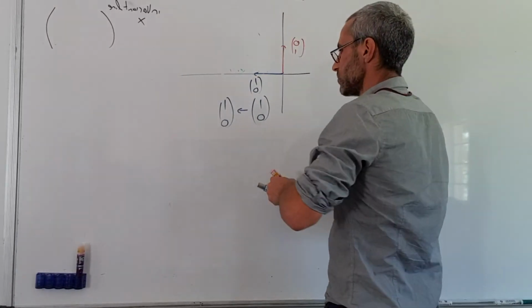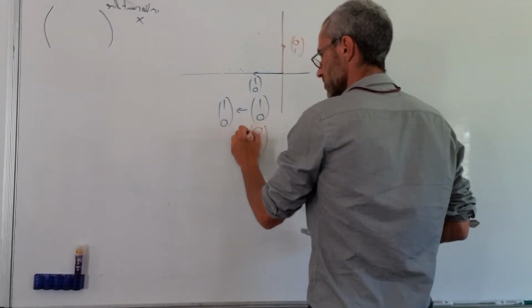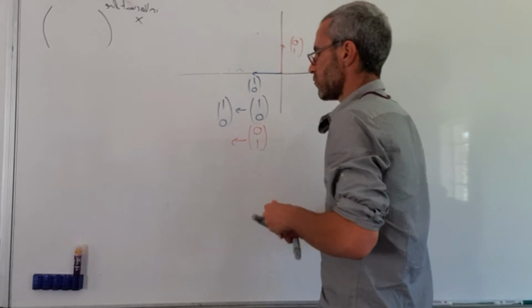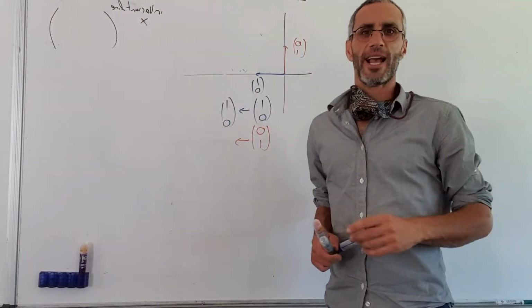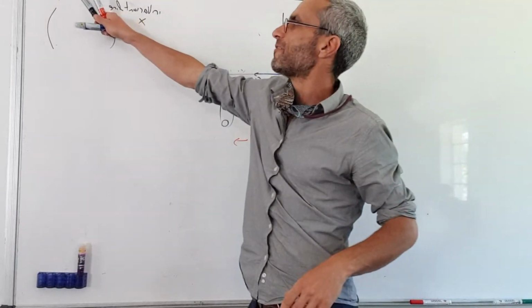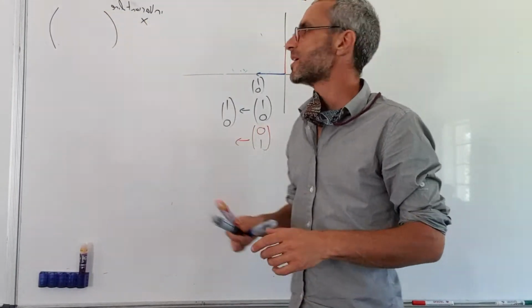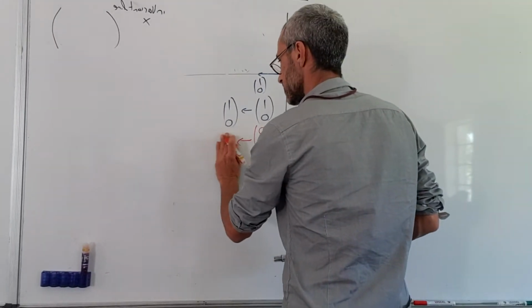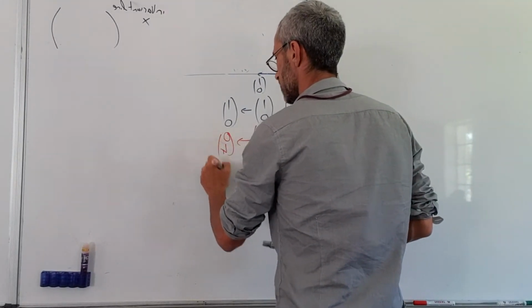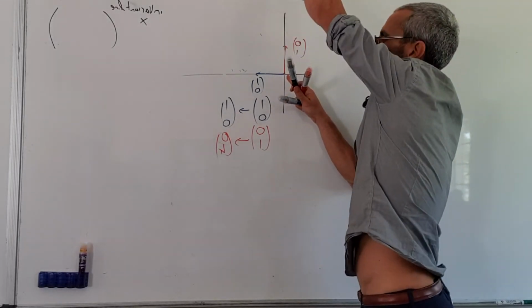But the 0, 1 will be transformed. What will it be transformed to? It depends how much you stretch it. Exactly. So if we're stretching it by a factor of k, it will become 0, k.